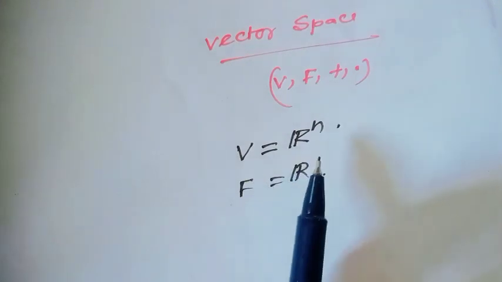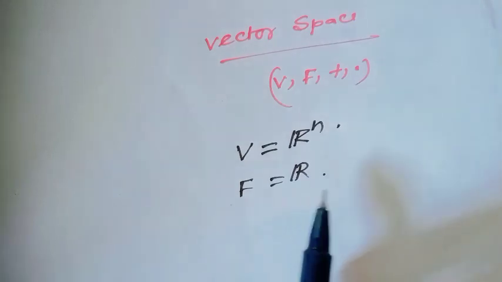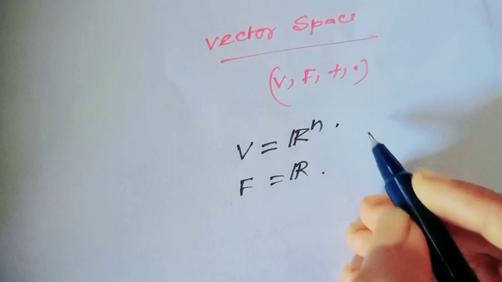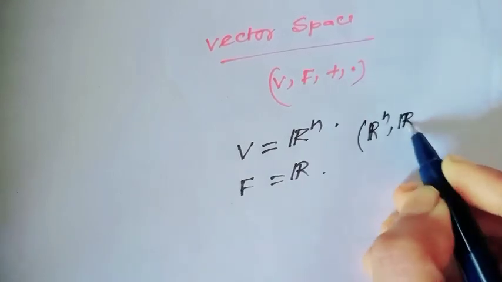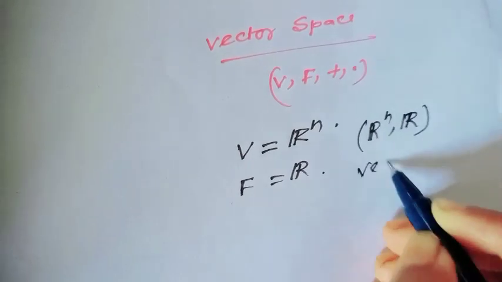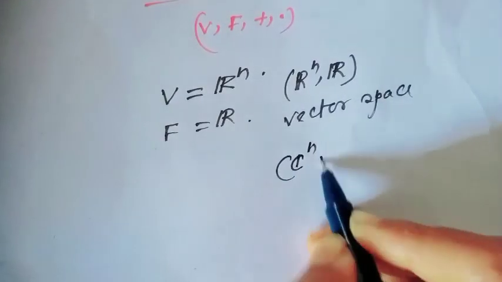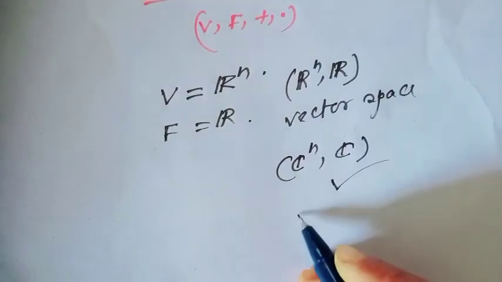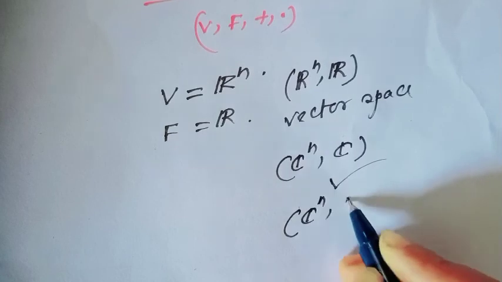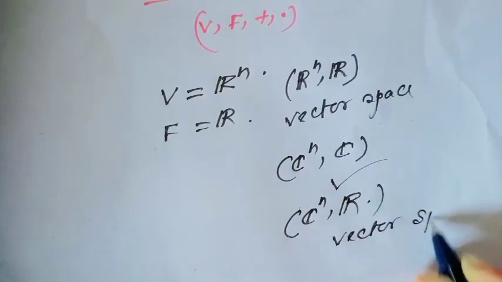Here the vector space is obviously Rn over the field R. Rn over the field R is obviously a vector space. Similarly, if we consider complex numbers, Cn over the field of complex numbers is also a vector space. Similarly, Cn over the field R is also a vector space.